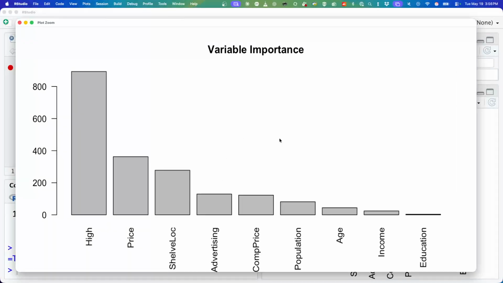Based on how well the splits are doing in improving the model's outputs, in this case it's continuous, so in improving the residual sum of squares, high variable is the most important, followed by price, followed by shelving location, and so on and so forth. Okay?